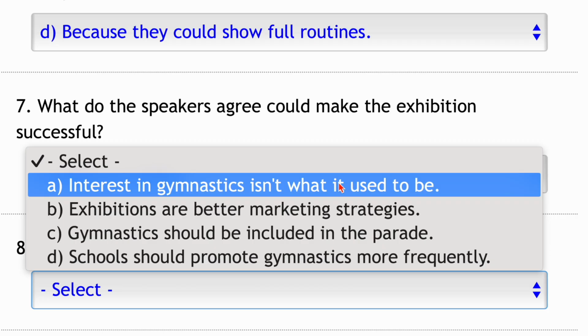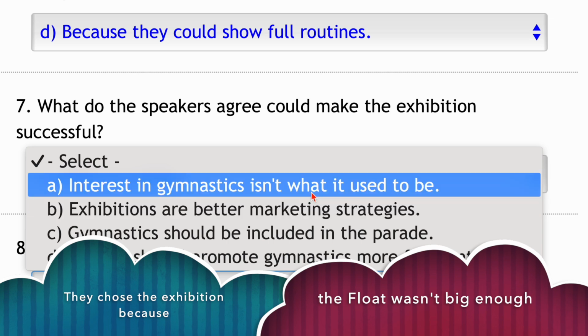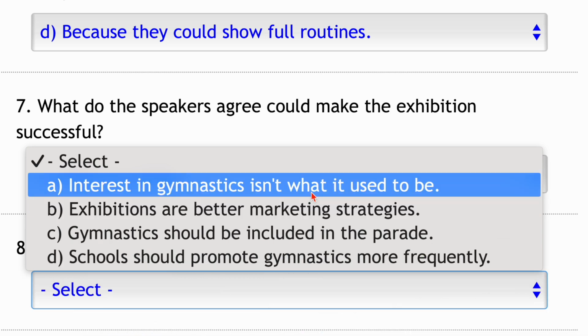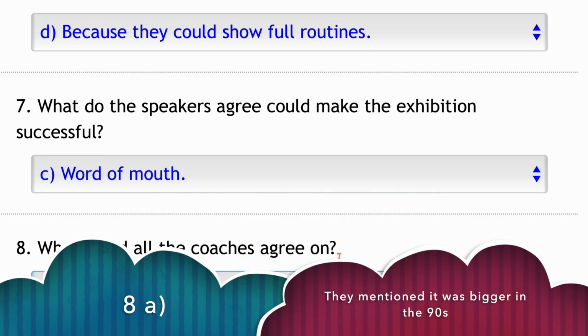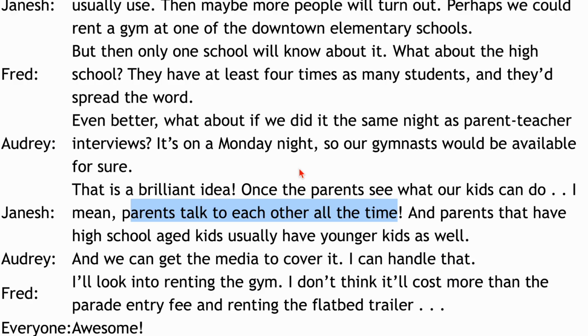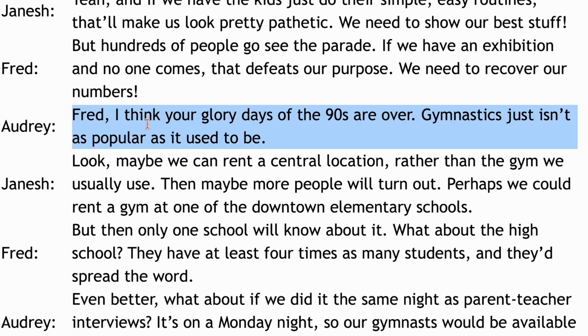That is better. Okay. Now it's true that they're going with an exhibition, but they're going because the parade isn't big enough, the float that they have. So interest in gymnastics isn't what it used to be. And also, I do remember here, Fred, I think your glory days of the 90s are over.